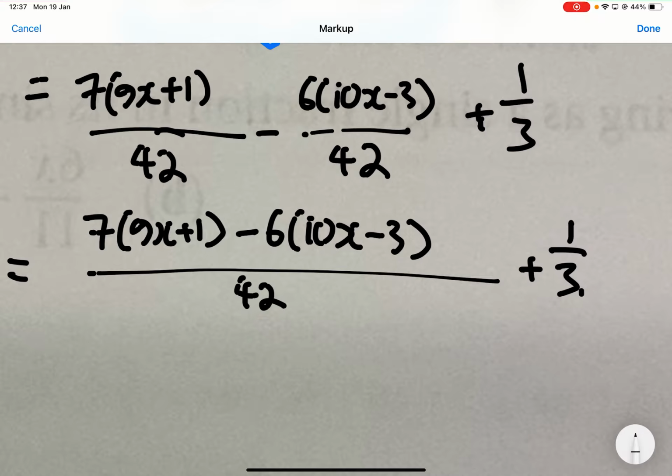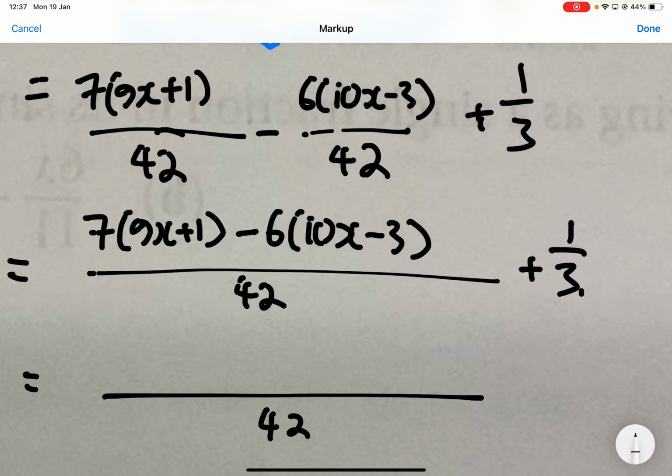Okay? From here, how do we continue? All these things no change. What I need to do in the next step is only one thing. Expansion. Open up the bracket. So open bracket. 7 multiply 9x. 7 multiply 9x, 63x. 7 times 9.